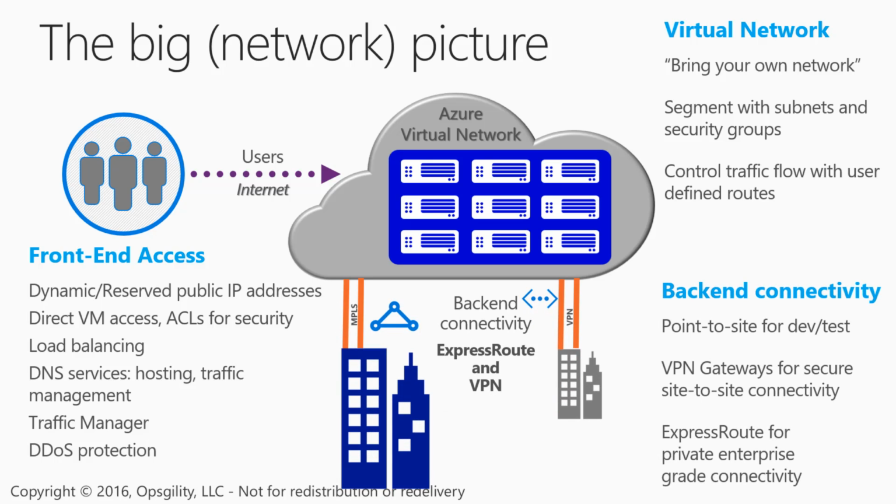There's also back-end connectivity, enabling connections to other virtual networks or on-premise networks through VPNs or via ExpressRoute. A key point to remember about virtual networks is they are isolation boundaries. Your virtual network is a completely private network with no default ingress points. So if you have more than one virtual network, then by default, traffic cannot pass between them unless you enable it.